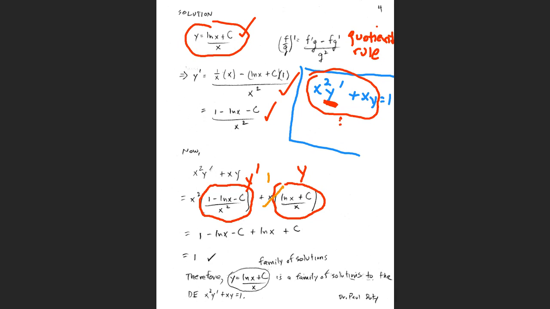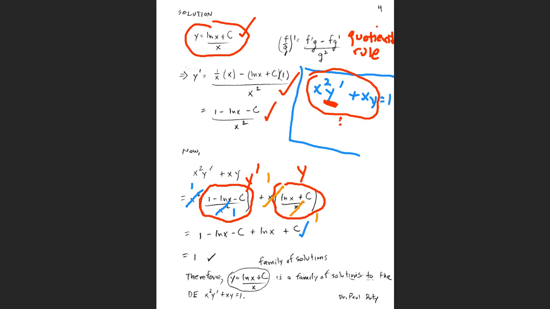Well, the x's simplify out there, and the x squareds also simplify out. And so you're left with 1 minus the log of x minus c plus log of x plus c.